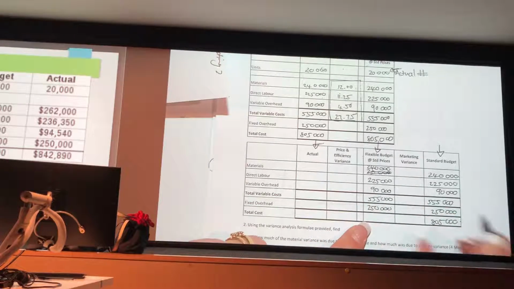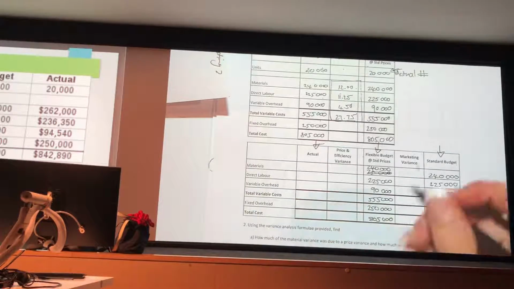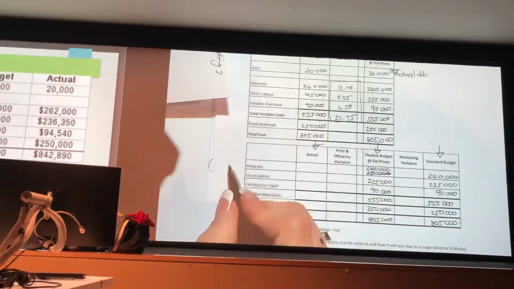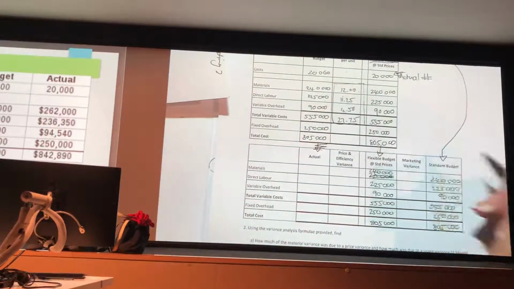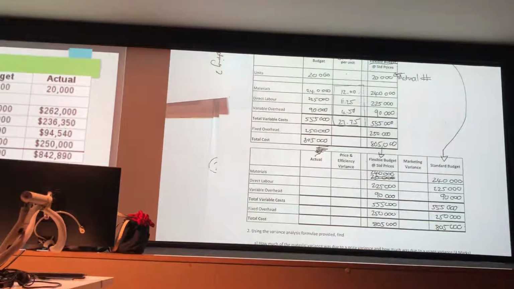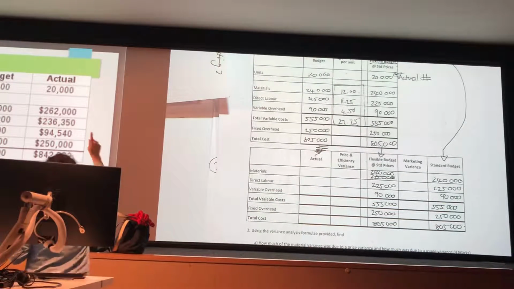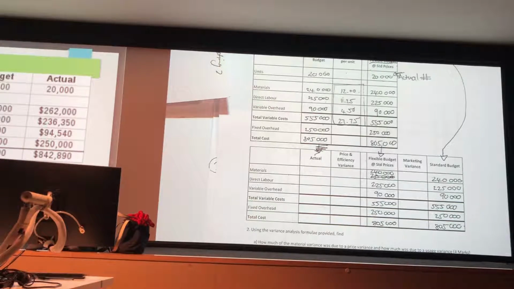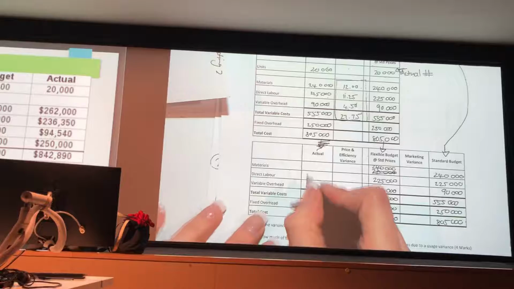The actual is the actual numbers we were given. Sorry, I didn't look at the top heading. It's the actual numbers we've been given there. That goes in there. So materials actual is 262.